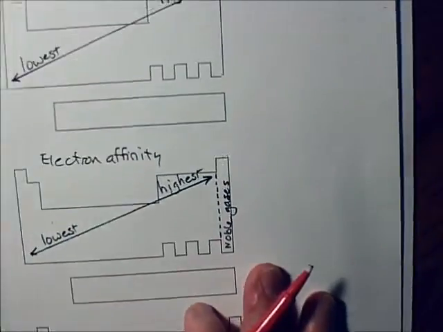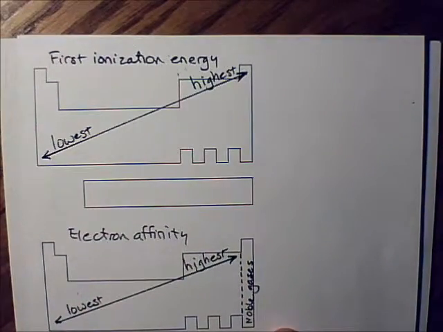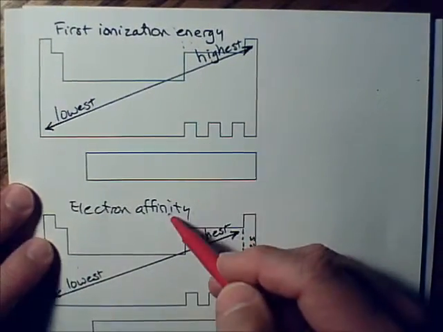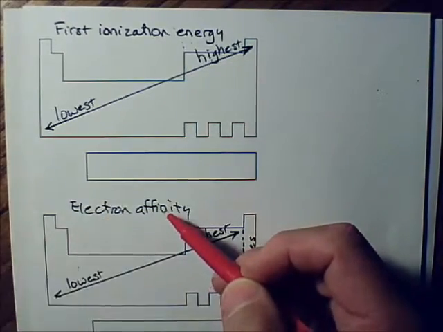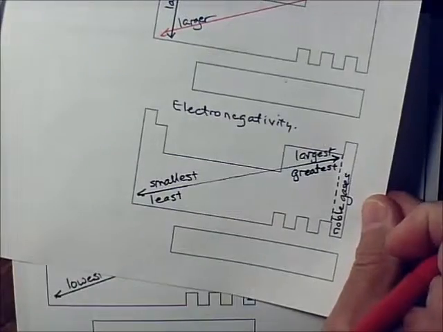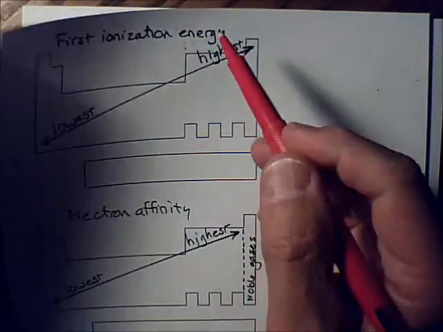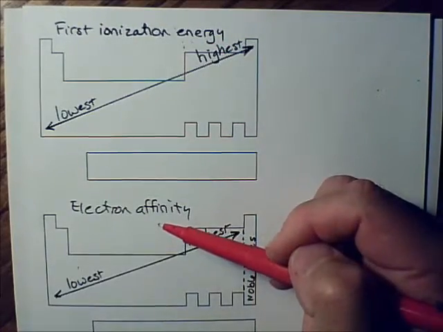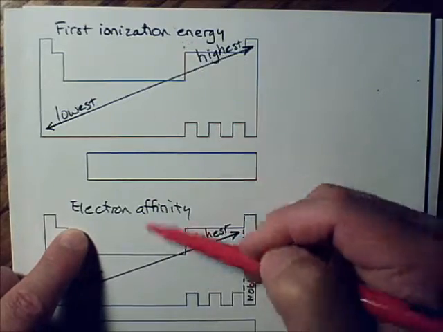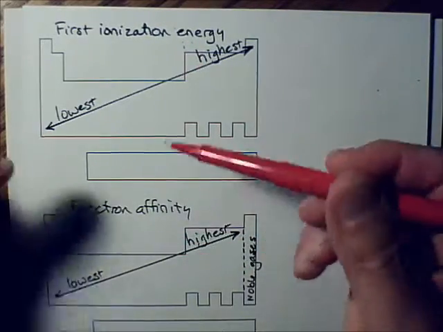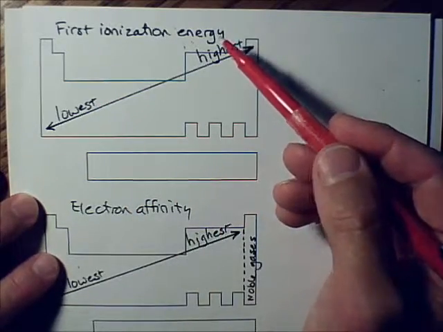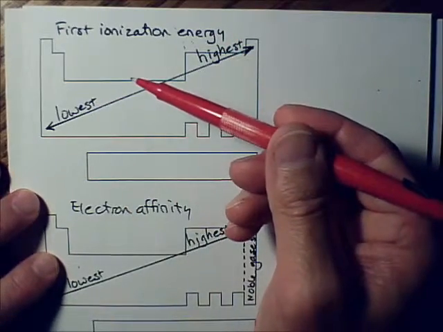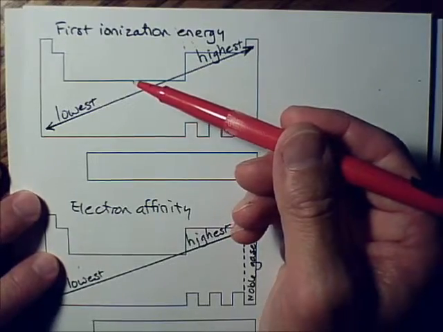All right, now, then we went to first ionization energy. Now, ionization energy and electron affinity are about not covalent bonding. Electronegativity is about covalent bonding. Ionization energy and electron affinity are about ionic bonding, and they're kind of like two sides of the coin. Ionization energy is the energy you must put into the system. In this case, the system is the electron cloud of an atom.